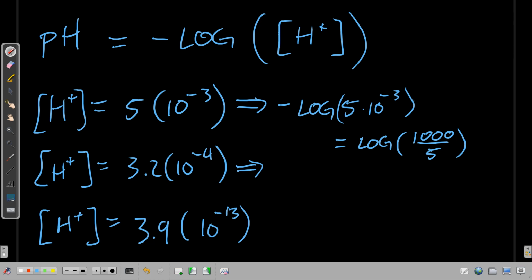Sorry. Right, because it would be log of 5 to the minus 1 times 10 cubed. So it's 1,000 over 5, which is 200.